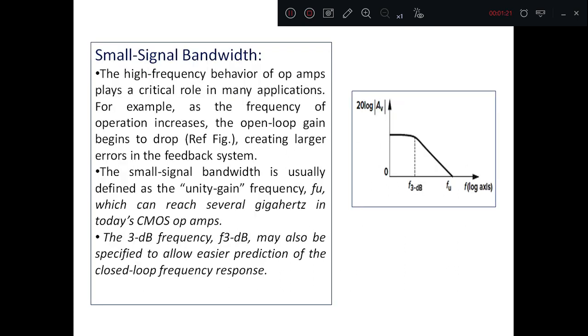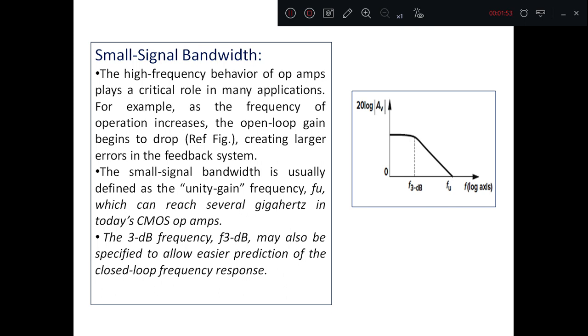Next performance parameter is small signal bandwidth. The high frequency behavior of op-amps plays a critical role in many applications. For example, as the frequency of the operation increases, the open loop gain begins to drop. See here in this figure, as the frequency of the operation increases, the open loop gain begins to drop, creating larger errors in the feedback system.